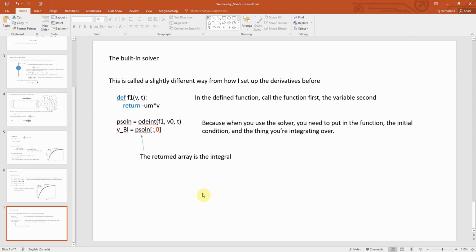And so this is set up slightly differently from how we set up the previous derivatives. So instead we define a function, which is again just the derivatives, but you put in the order of the velocity and time.